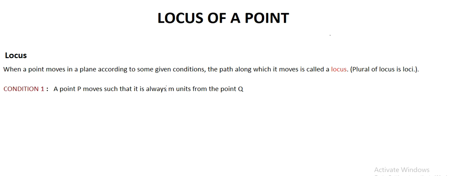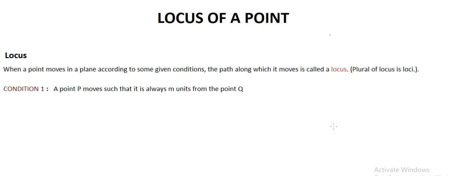So how can we find the path here? Because the locus of the point is the path along which the point moves. So here we need to find the path along which the point P moves, and it satisfies the condition that the distance between P and Q will always be m units. So how can we find that path?